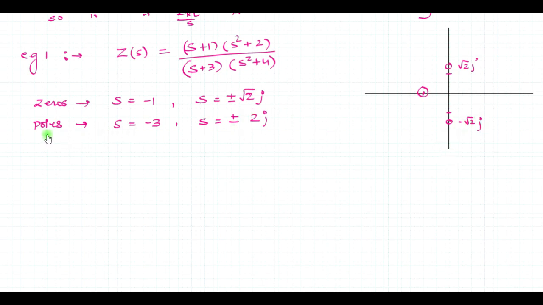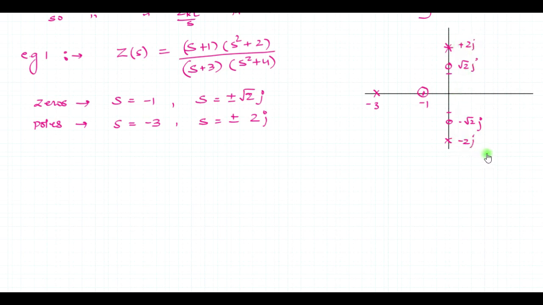Let us plot the poles. I have a pole at s equal to minus 3. This is minus 3, this is minus 1. And I have other two poles at plus minus 2j. If it is 1, then there will be 2. So we have a pole lying here, also a pole lying here, minus 2j and plus 2j.